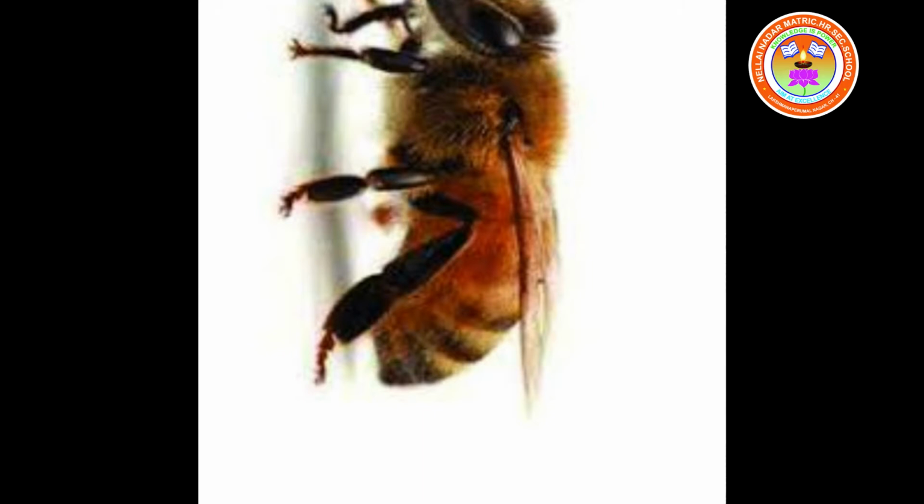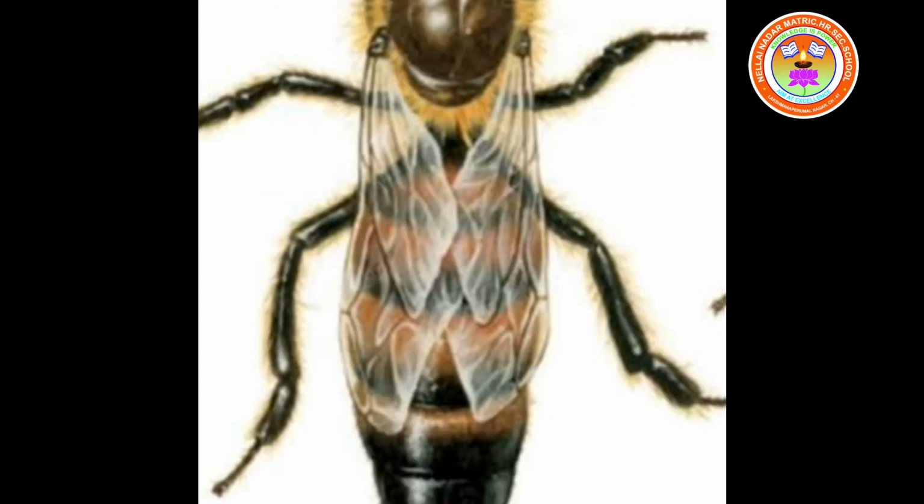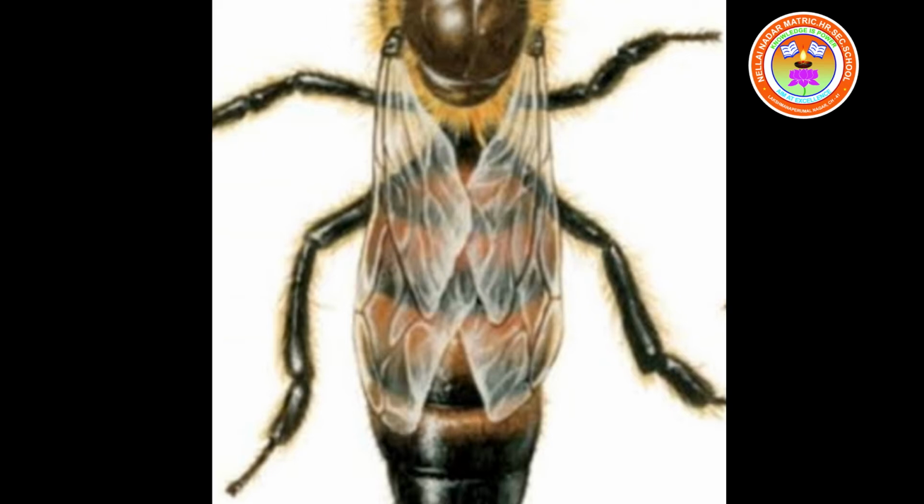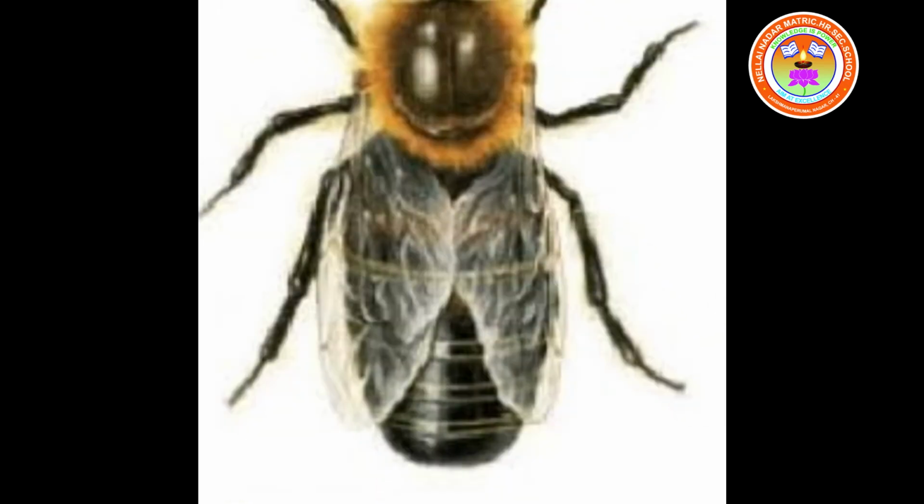Next, so queen bee is the largest member, fertile female of the colony. What is the major function? Laying eggs in a colony. Next, drone, it's a fertile male developed from the unfertilized egg. What is the major function? Fertilize the egg produced by the queen.